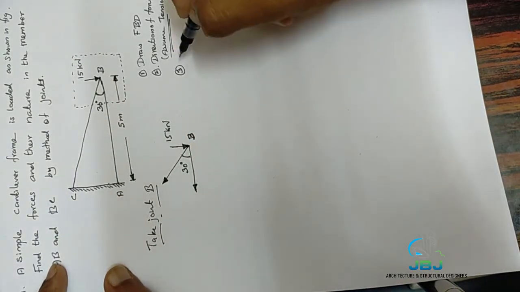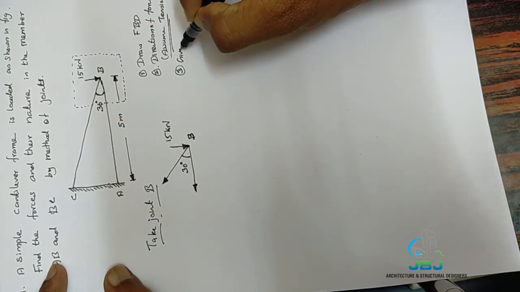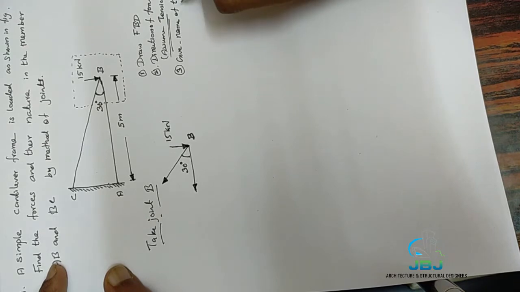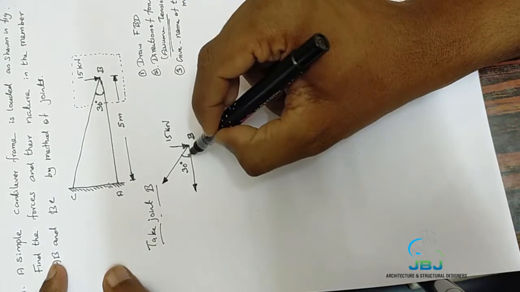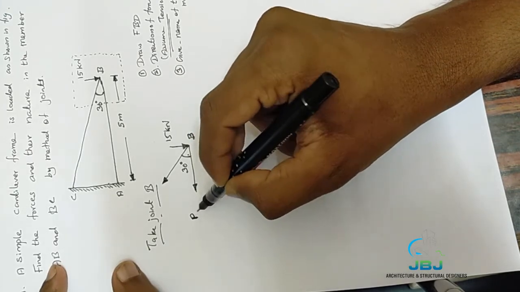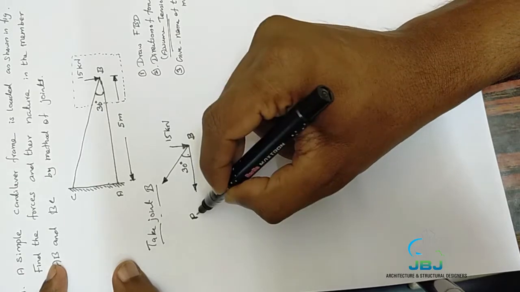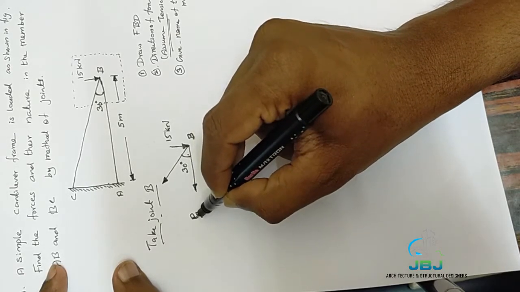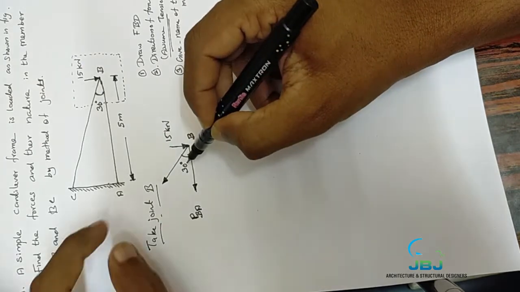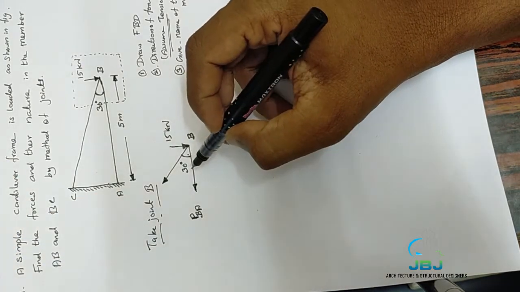Then the third step. What is the third step? Give the name of the member. How will you give the name? You can write like this: P means force, or F, whatever it may be. P B A: the first letter mentions the joint, the second letter A means towards which joint.